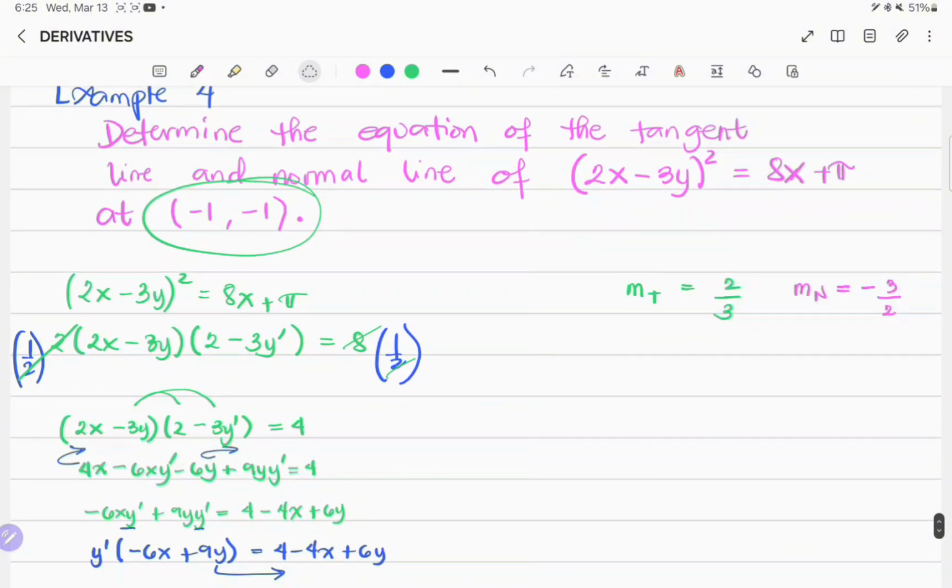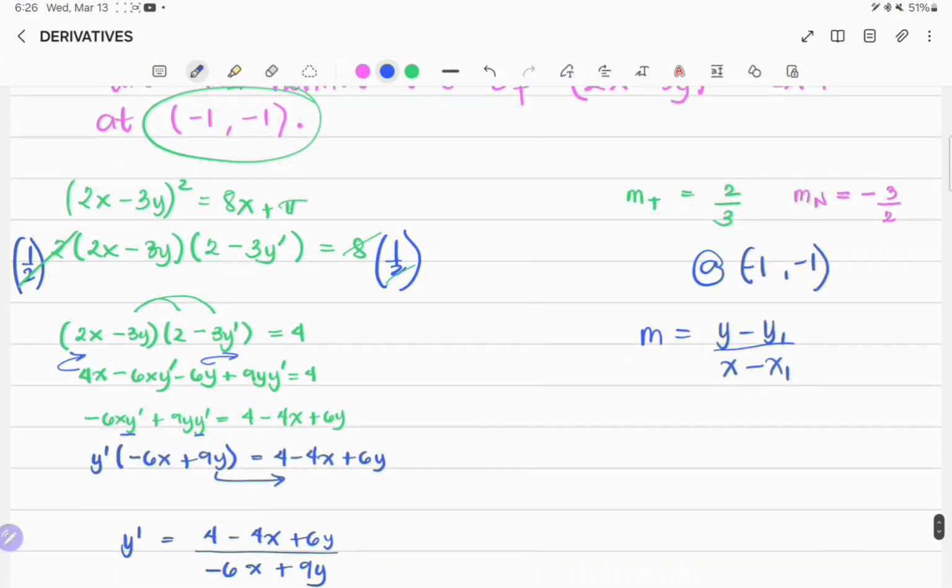So we have at point negative 1 and negative 1. We have to use m equal to y minus y sub 1 over x minus x sub 1, which is the equation of the line using a point and a slope. That's point slope form.